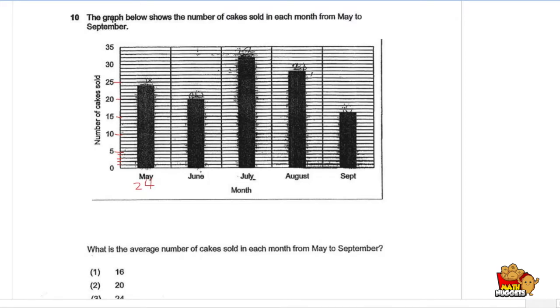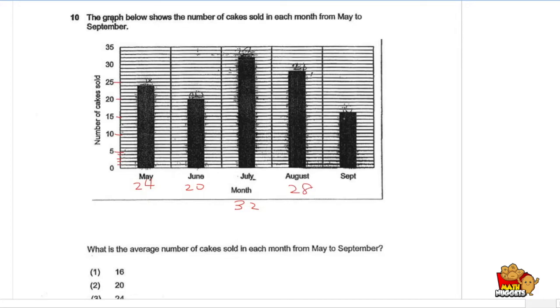June's reading is 20. July's reading is 32. August's reading is, it's a little hard to see, so if you can, you take a ruler and write it out. This looks like it is 28.